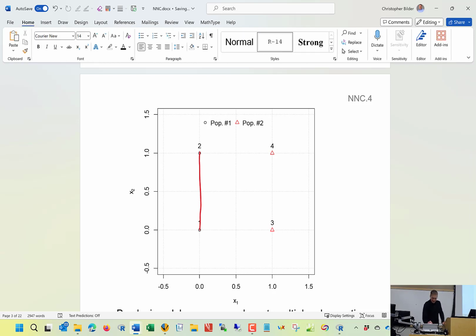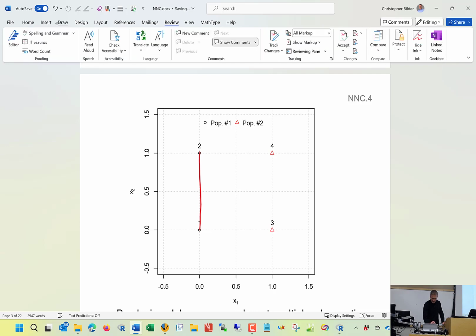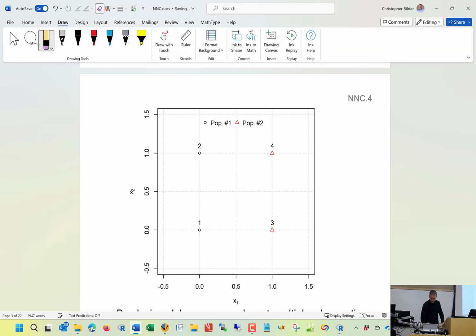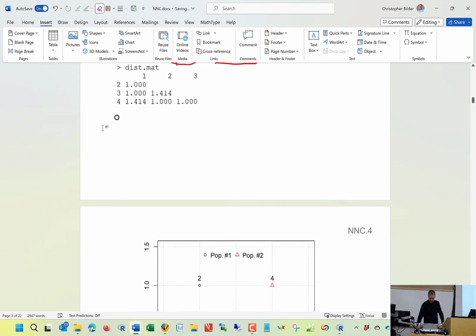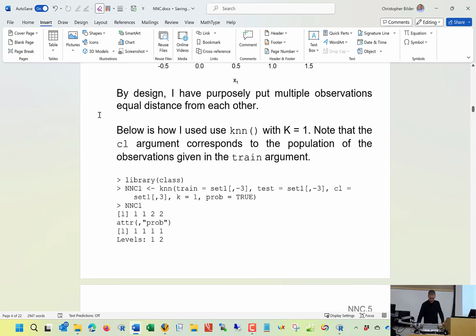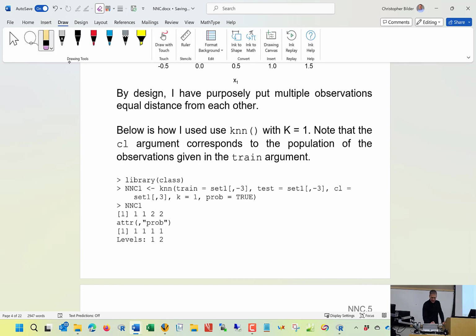Let's see here. Sorry. So let's look at KNN in this setting where essentially we have capital K equal 1. So first I say library(class). Then I say knn. I need to specify a training data set.